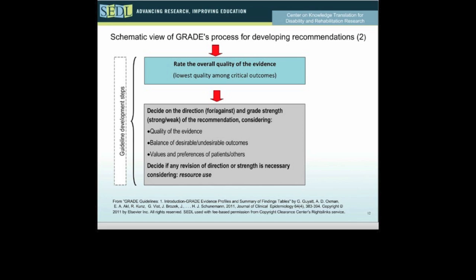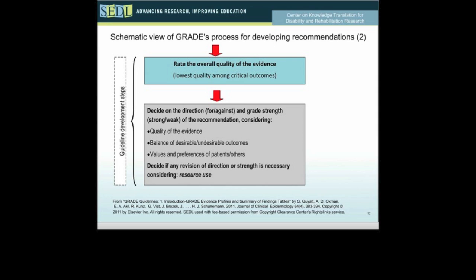If the evidence for outcome 1 is high, and for outcome 2 it's somewhat high, and for outcome 3 and 4 it's low, and for outcome 5 it's very low, well, what do you recommend for the intervention in question?